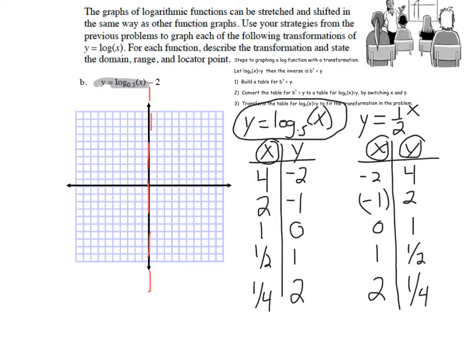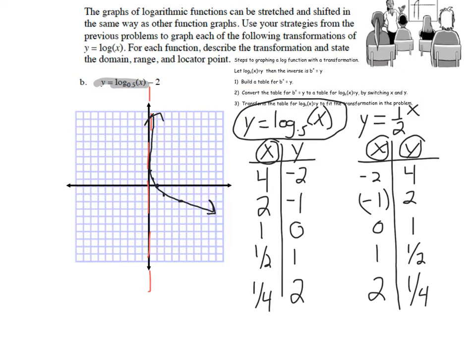So that's going to be 4 over and 2 down. 2, -1 is 2 over, 1 down. 1, 0 is our locator point. 1/2, +1. And 1/4, +2. And so this graph looks like that.